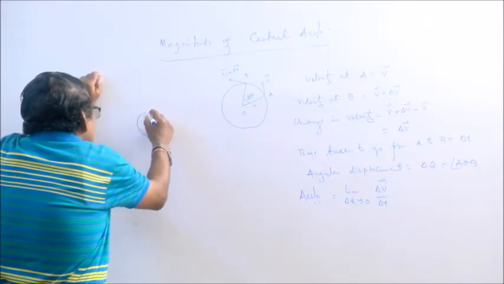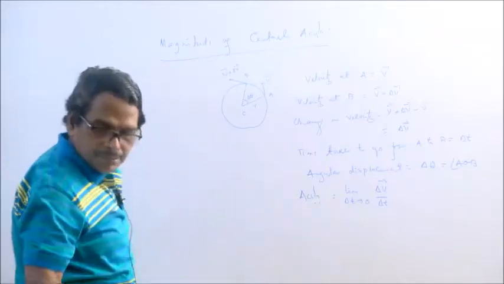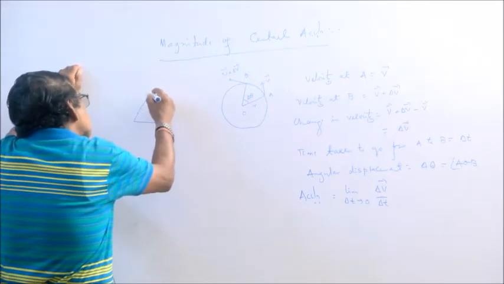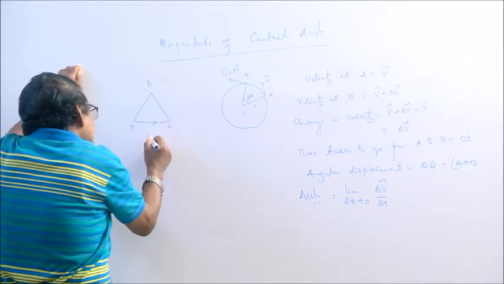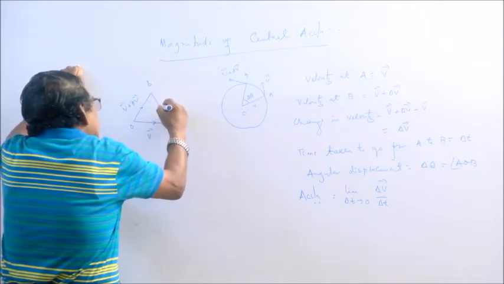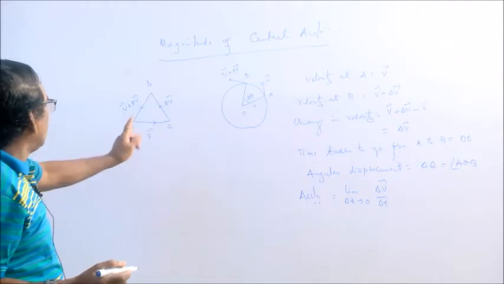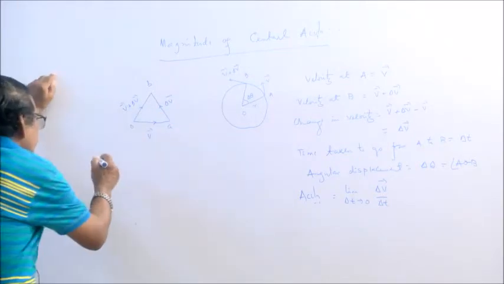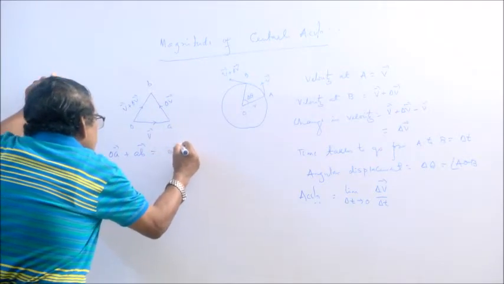Let us consider a vector triangle AOB. Side OA is V, side OB is V plus delta V, and vector AB is delta V. From the triangle of vector addition, OA vector plus AB vector is equal to OB vector.